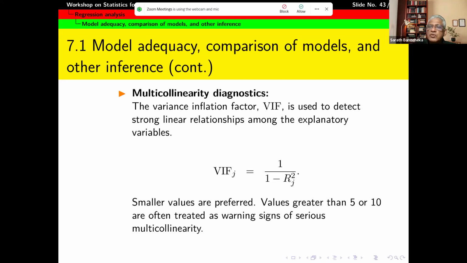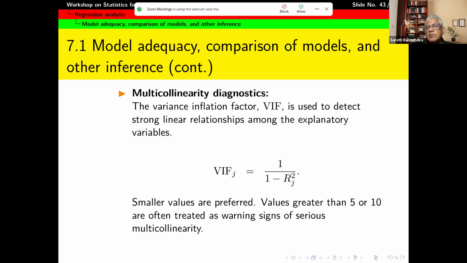Right? So, in that kind of situation, models may be unstable in the sense that if you just change one or two observations, the model may change a lot. The fitted coefficients will change by a large amount, or sometimes even the sign of the coefficients may change. Right? So that's what we mean by unstable.